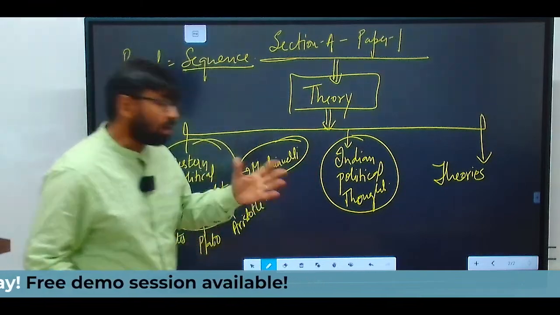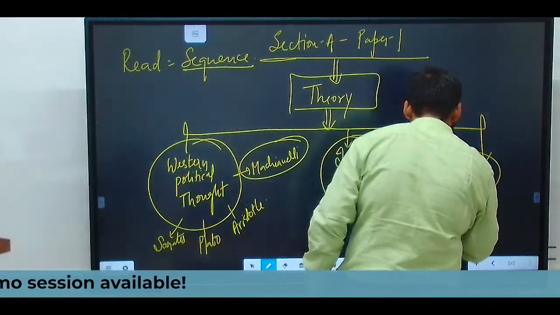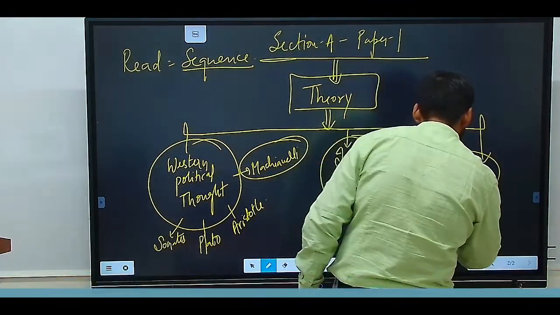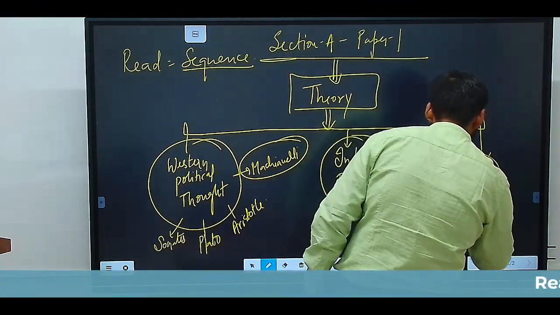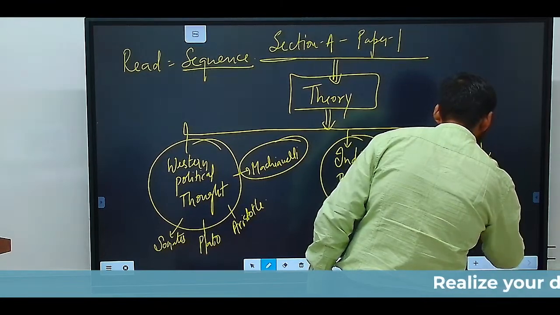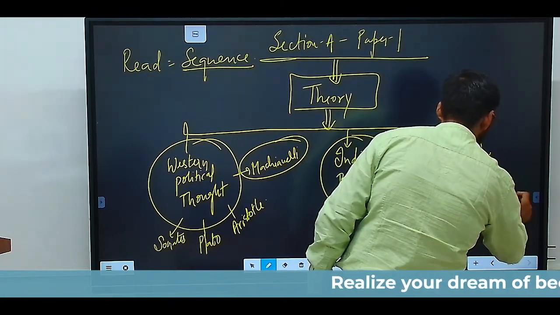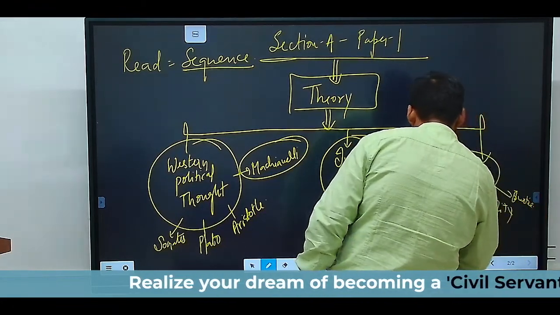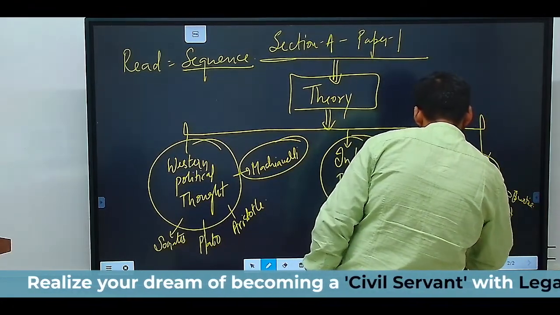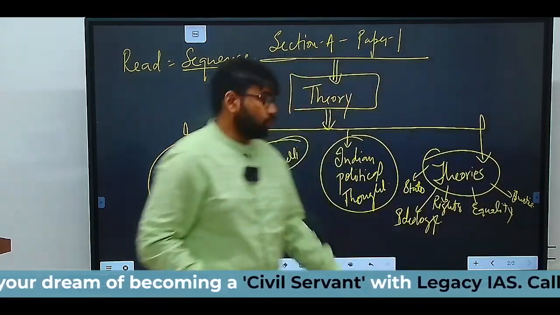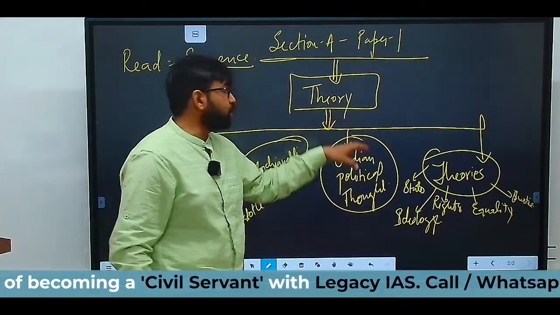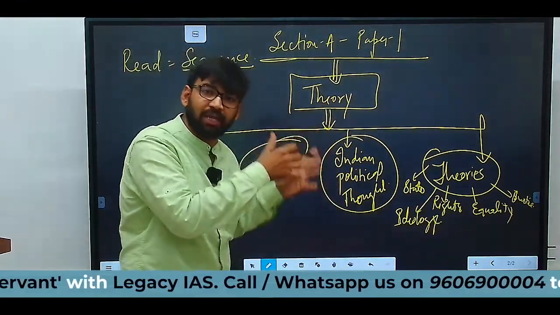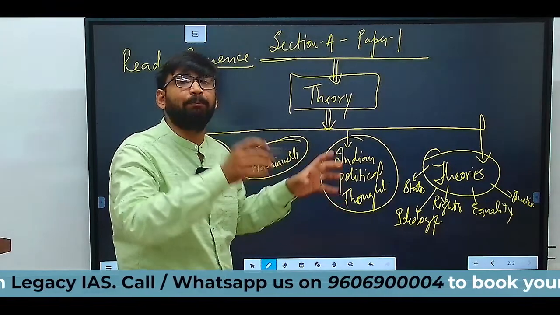Now like theories of state, then theories of rights, equality, justice, ideology, etc. So these things are there in your section A. This is the syllabus of section A, paper 1.